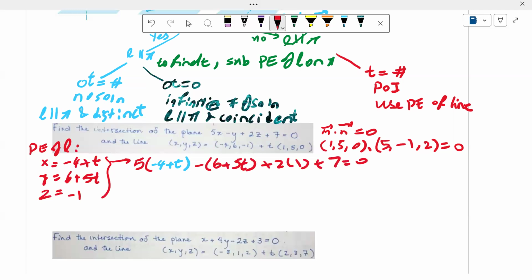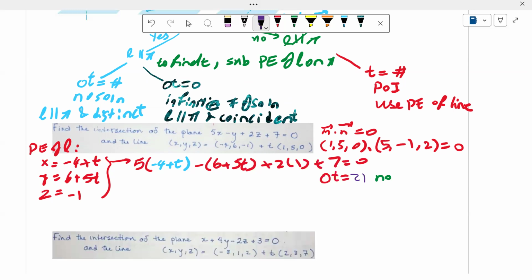Now, when this gets simplified, we end up with 0t is equal to not 0. We get 0t is equal to 21. So what does that mean?